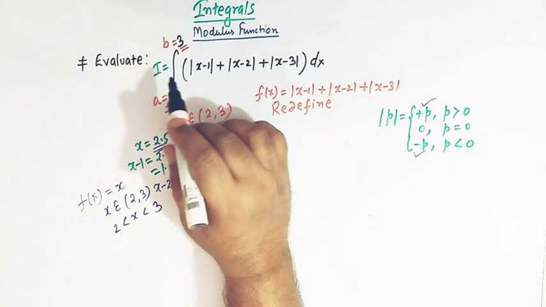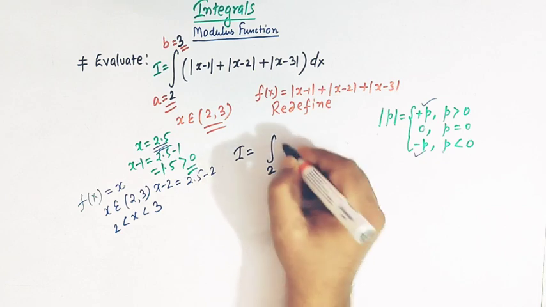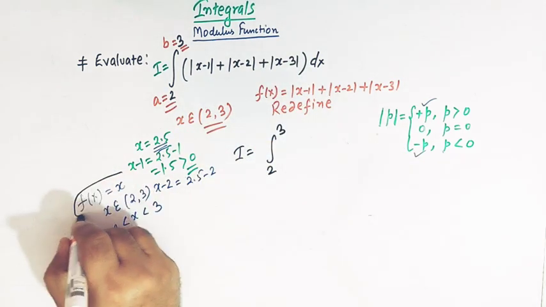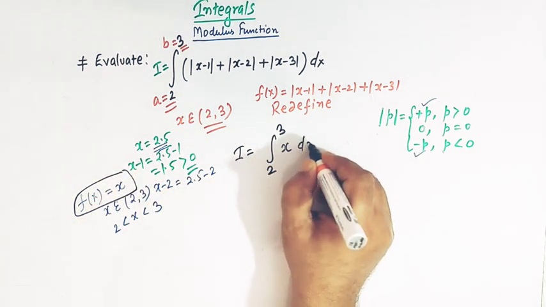So viewers, now our integral I can be written as integral from 2 to 3 of f of x, that is equal to x, right? So here we have x dx.